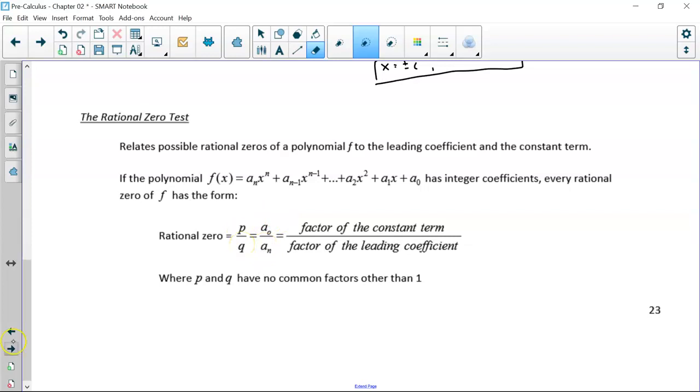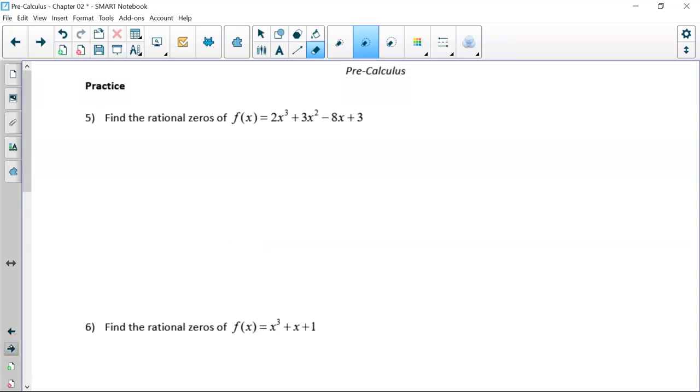Now, let's see this in action. The possible rational zeros are going to be the factors of the constant over the factors of the leading coefficient. p over q, that's a sub 0 over a sub n. You might see it both ways.